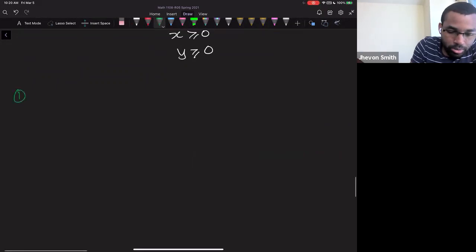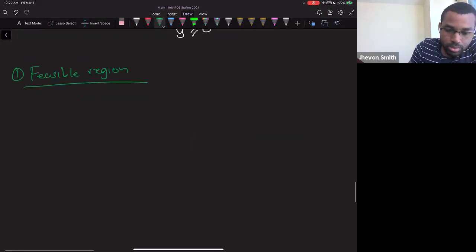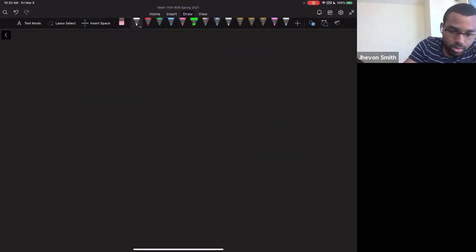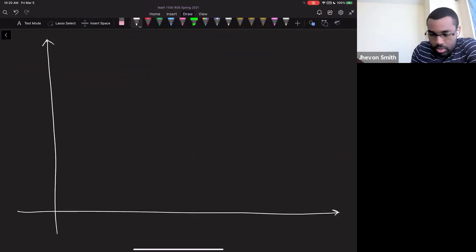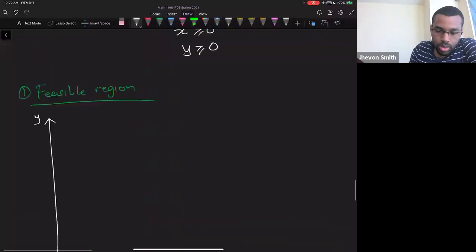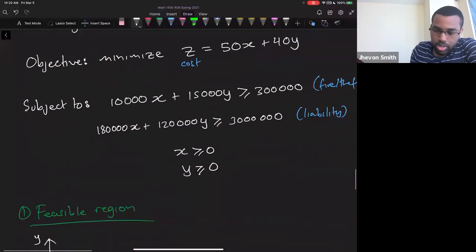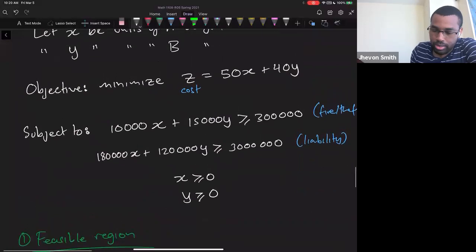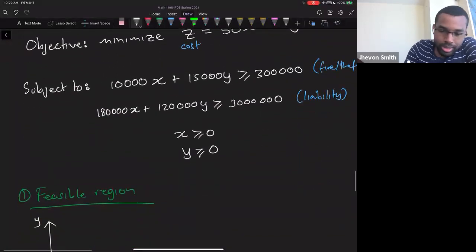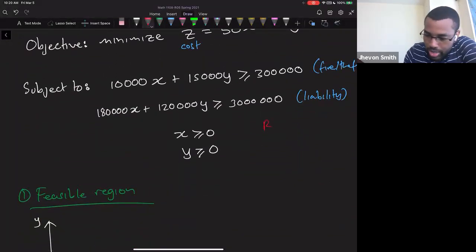Now you jump into the process. We know that first we're going to find the feasible region. These numbers are kind of big, so I'd probably reduce and rewrite this.